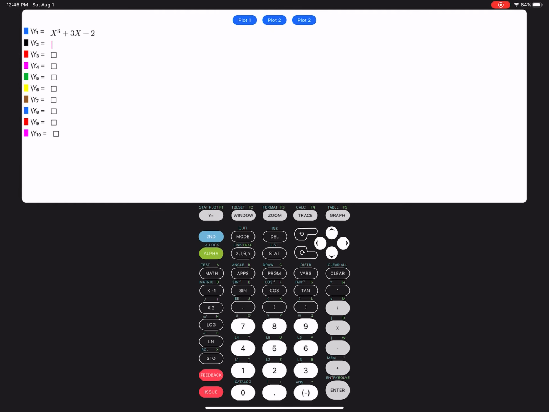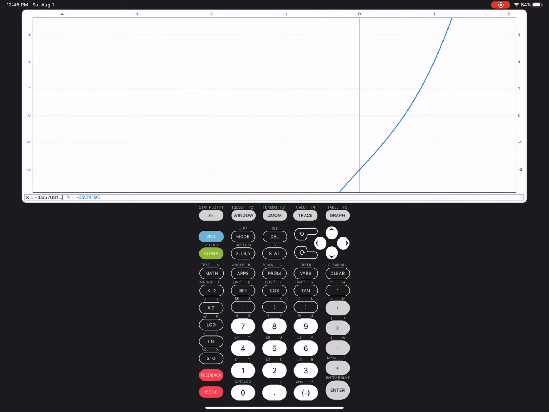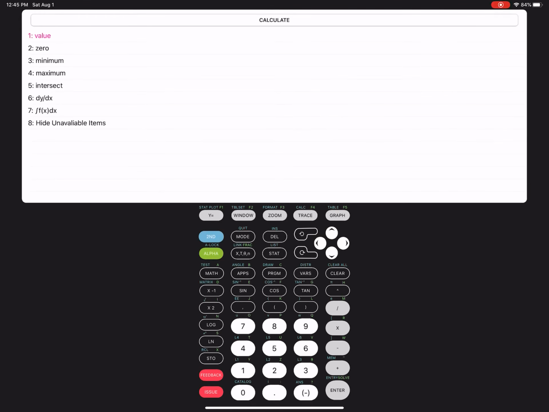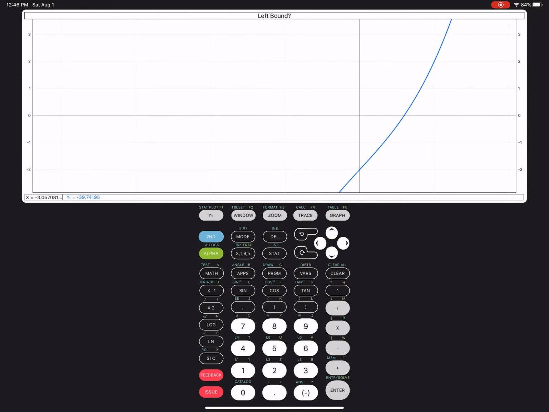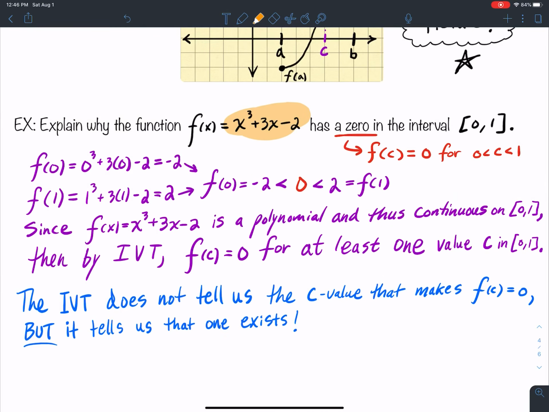Enter. If I go to graph this, I'm looking on this interval. I can do second calc, find the 0, left bound, right bound. Looks like my 0 is 0.897, so that makes sense. So the c here is 0.897 roughly.